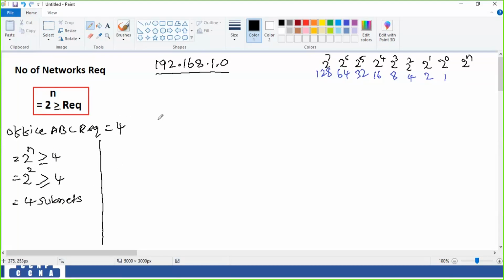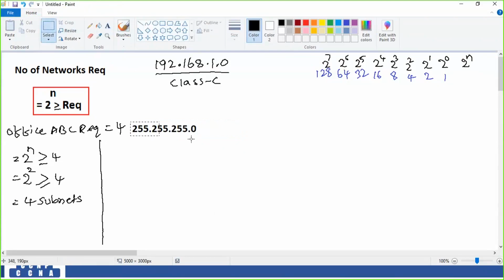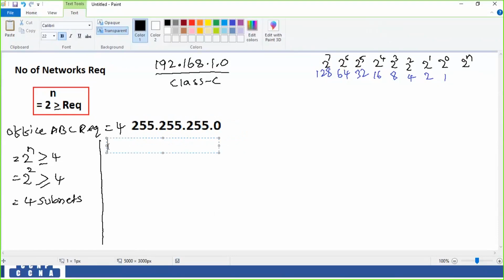The next point is the class C. For class C, what is the default mask? 255.255.255.0. Agree? Convert it to binary.